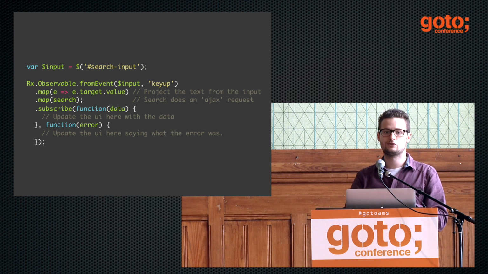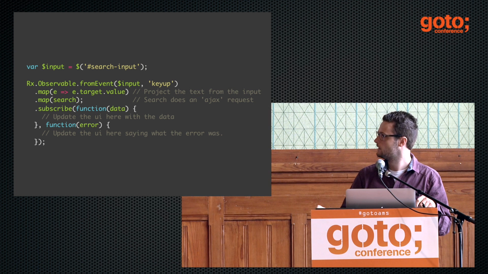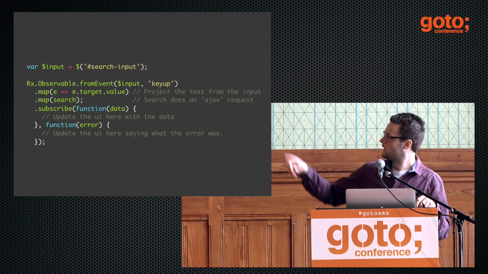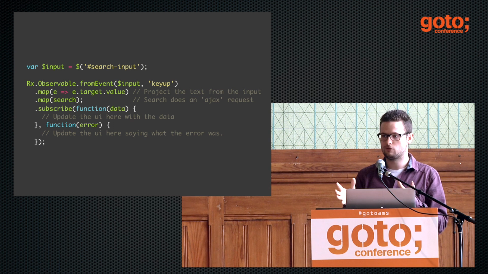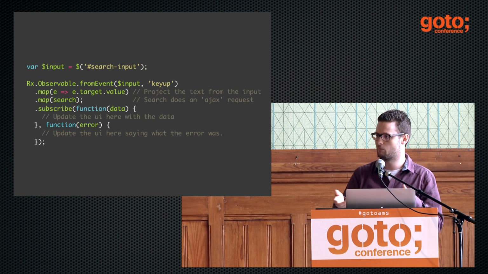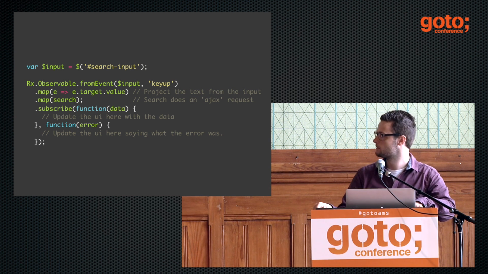So whenever the user starts typing in something, the observable will fire and we get events. But the events that we get are JavaScript events, which will tell you which key is active, if the shift key was pressed, and which key code was entered. But we're not really interested in that. So we perform a map operation to get the value of the target, which is the actual contents of the input element that we currently have when the event was fired.